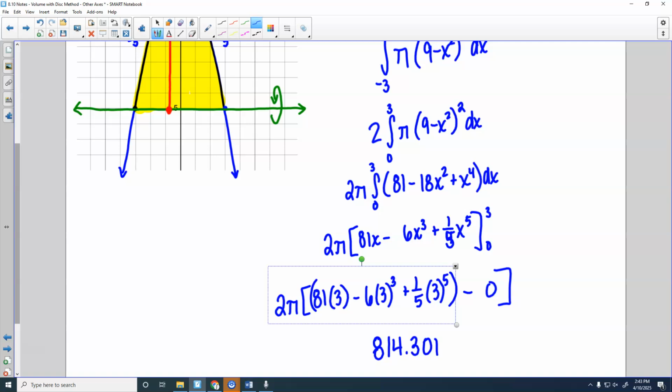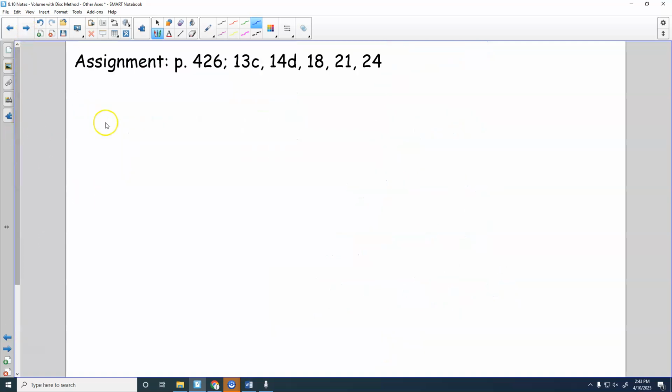Those are not that bad. You can use the calculator on 18 and 24. Try to do the other three without the calculator, but 18 and 24 you can use the calculator for those.